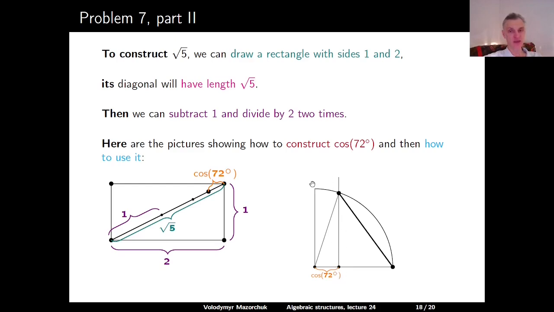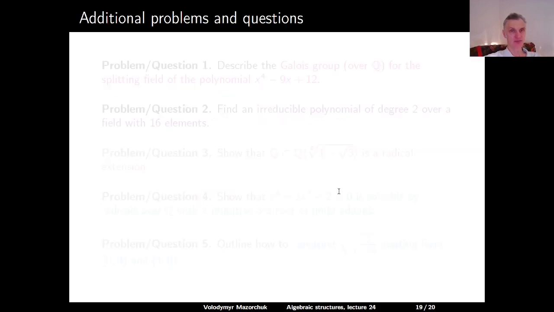The intersection of this perpendicular and the circle will be the second vertex of our pentagon. And now we can just continue, say, in the counterclockwise direction. This completes problem 7.